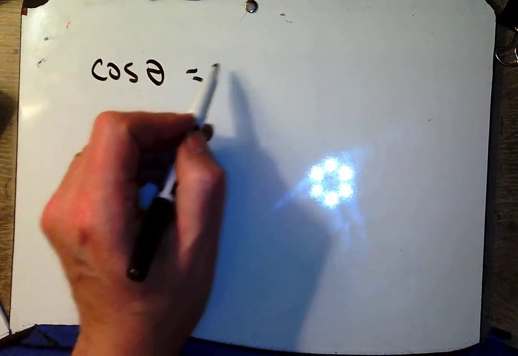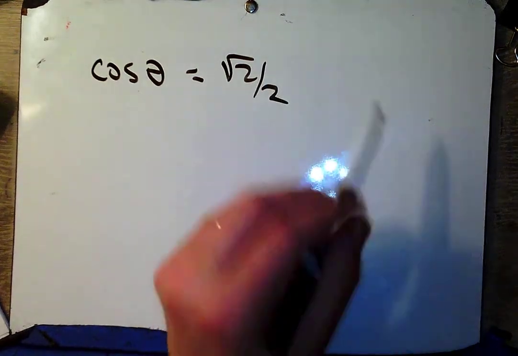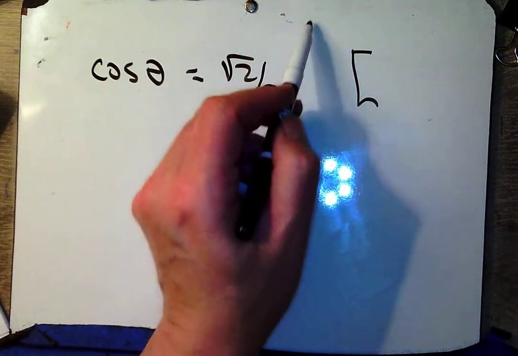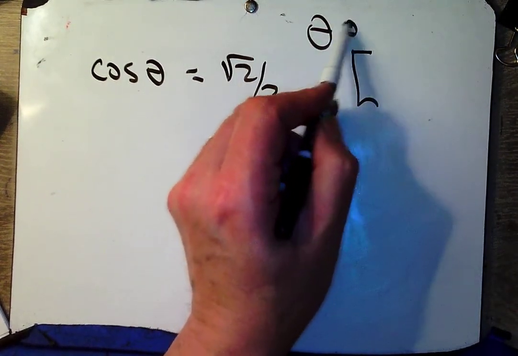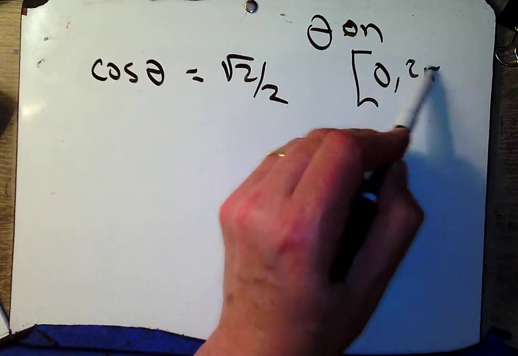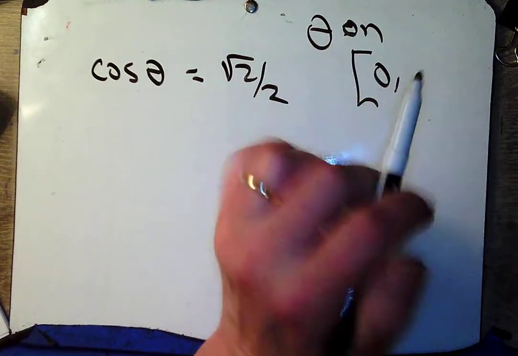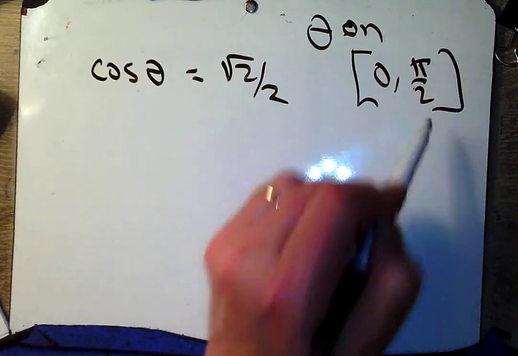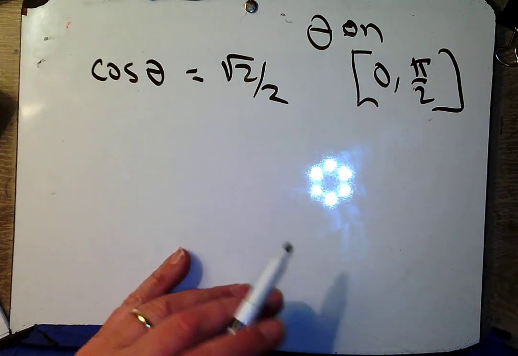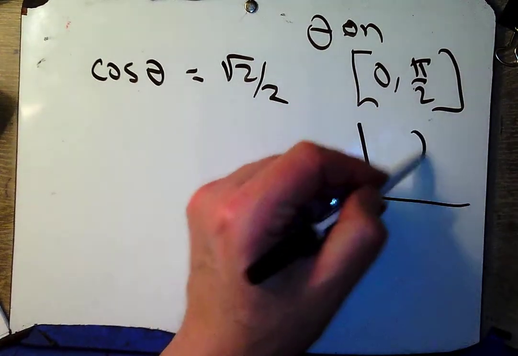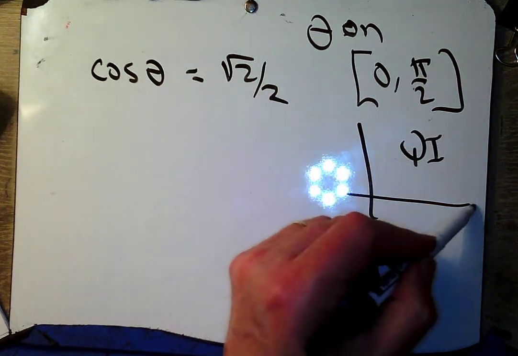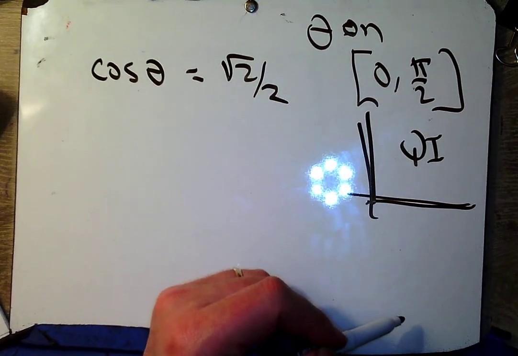So let's say that the cosine of theta is root 2 over 2, and let's say that all our thetas live on 0 to pi over 2. So all of our thetas have to be acute, right? We're only looking in quadrant 1, from 0 to pi over 2.